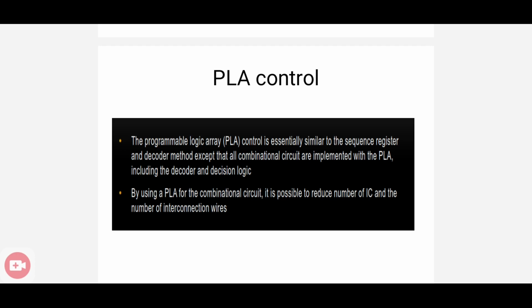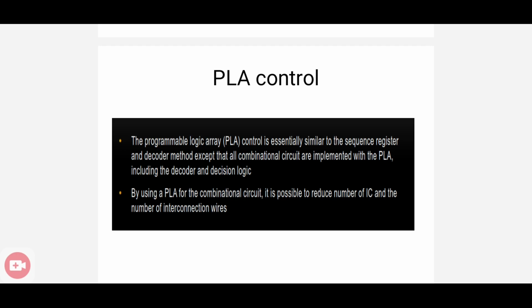But the third and fourth methods, PLA control and microprogram control, use LSI devices to implement. PLA control uses a programmable logic array, which is similar to the sequence register and decoder method, but the difference is that all the combinational circuits are implemented with the PLA, including the decoder and decision logic.